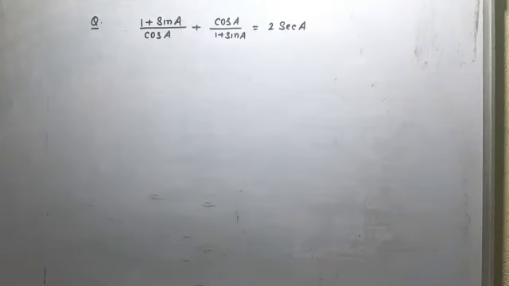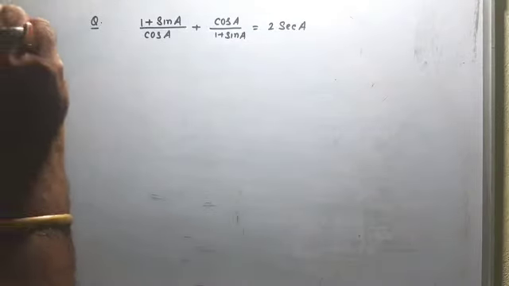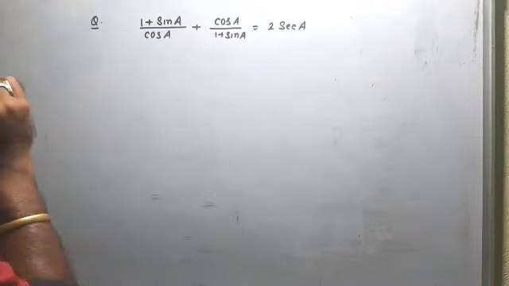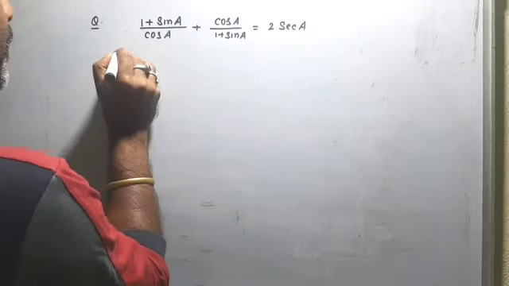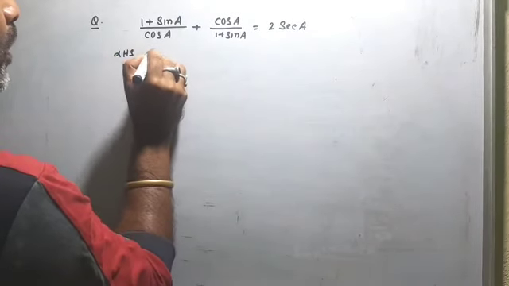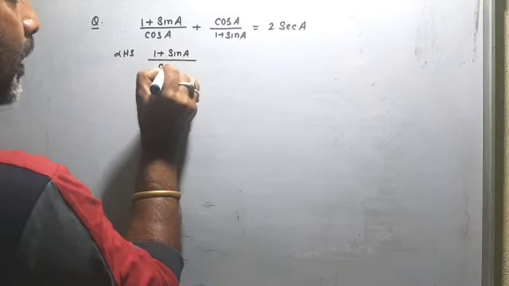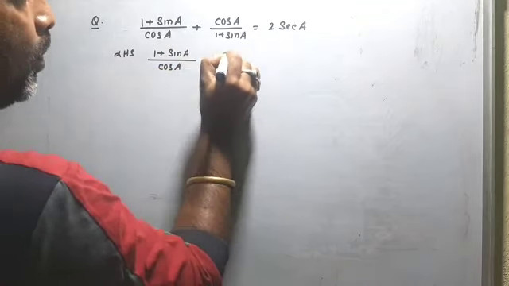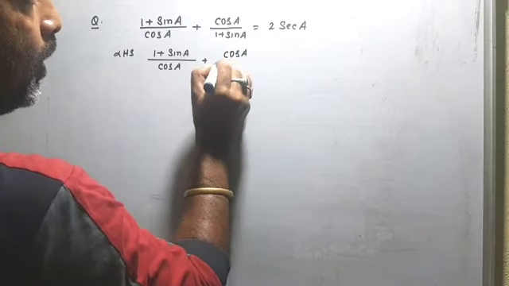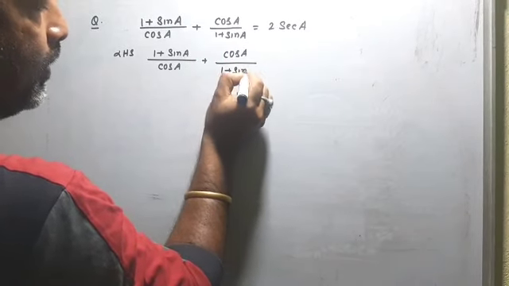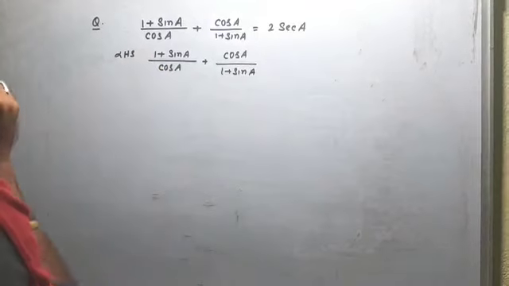One more question, 1 plus sin a by cos a plus cos a by 1 plus sin a, and you have to prove 2 sec a. Again we take LHS. So here your LHS is 1 plus sin a by cos a plus cos a by 1 plus sin a. So next step you take LCM.